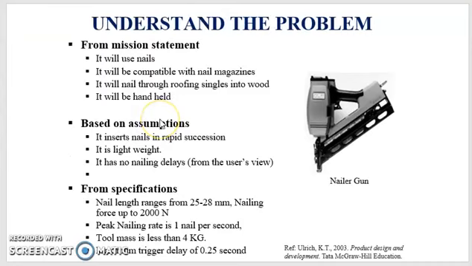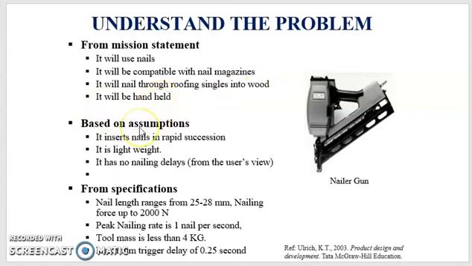In the nailer gun design, the challenge was to design a better handheld roofing nailer. Some of the assumptions in the team mission statement would be that it will use nails, it will be compatible with the nail magazines available in the market, it will nail through roofing shingles into wood, and it will be handheld.